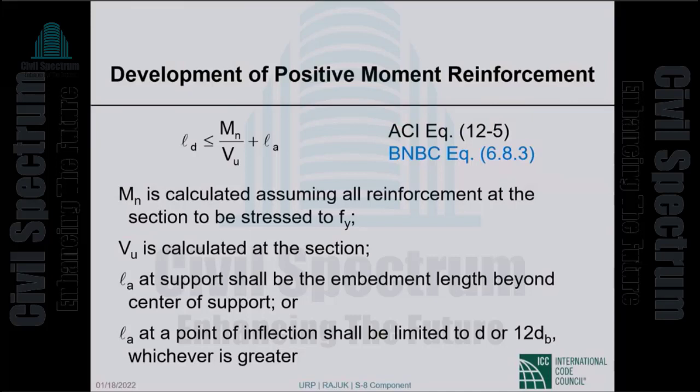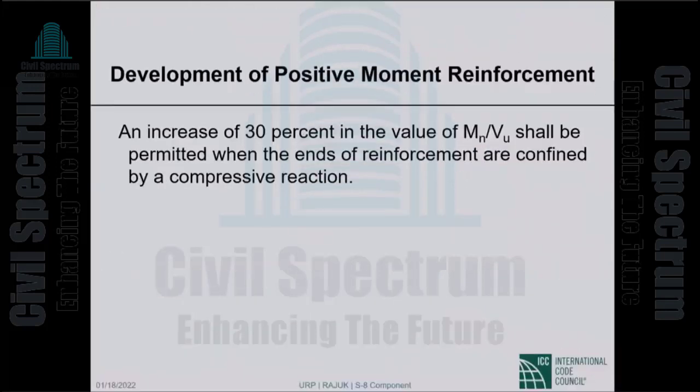Under that situation, you get to multiply M sub N over V sub U by 1.3. So L sub D now can be larger. The required development length can be larger, which means the bar size can be a bit larger if the support provides compression. So that's what we are saying.